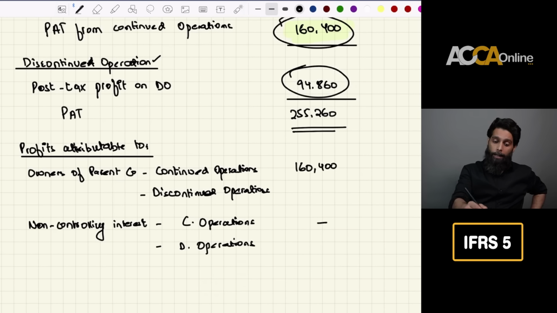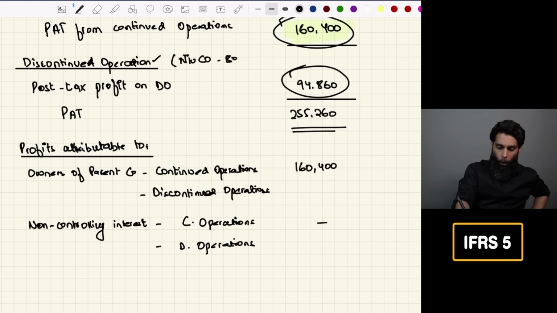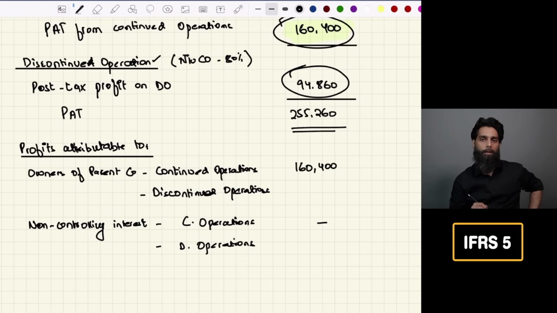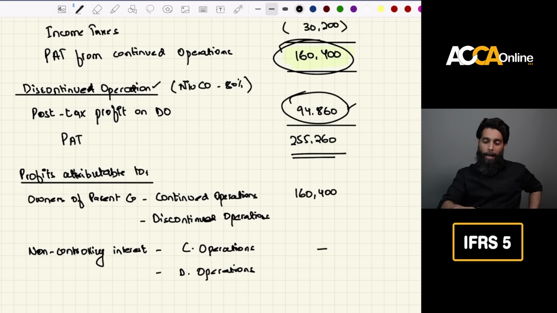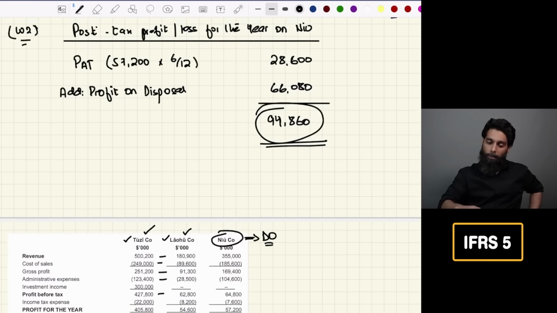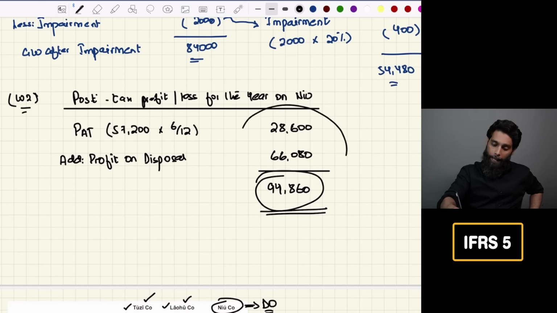But when you talk about discontinued operation, you are talking about Neo company, right? And when you are talking about Neo company, you only had 80% holding of this company. So something will obviously be shared with the NCI party as well. Now, the total earnings from a discontinued operation was 94,860. And being more specific, if you figure out the breakup of this 94,860, then there were some earnings which were the profit earned during the year by the subsidiary company.